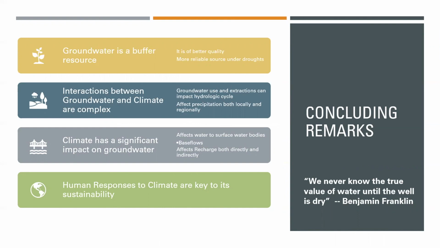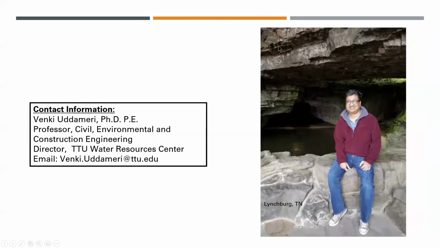And humans have a very big role to play in maintaining that balance or sustaining that groundwater resources for future generations, because it can have a two-way interaction with the climate system. Of course, I will leave you all with a very famous quote by Benjamin Franklin, which I love. Talks about knowing the value of water when the well goes dry.